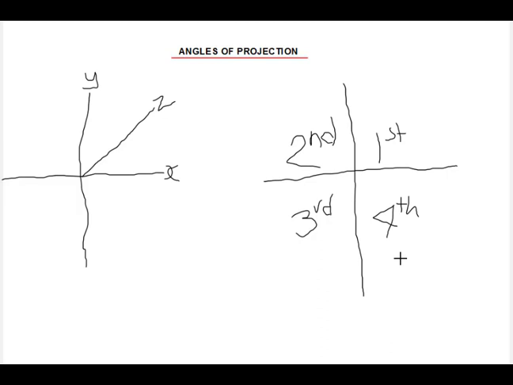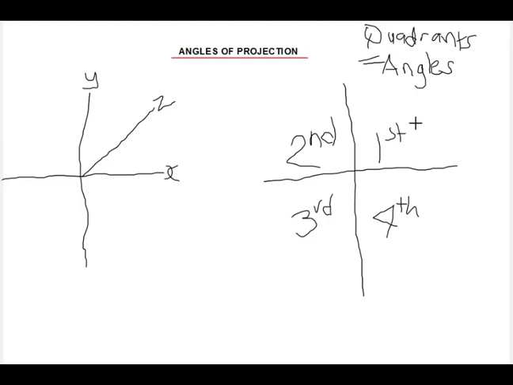In orthographic projection, quadrants are usually called angles.